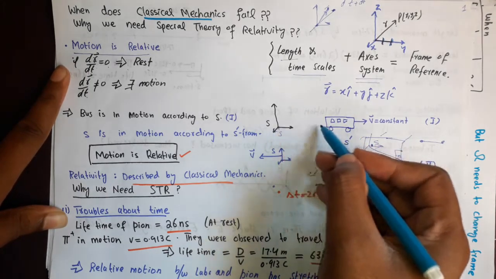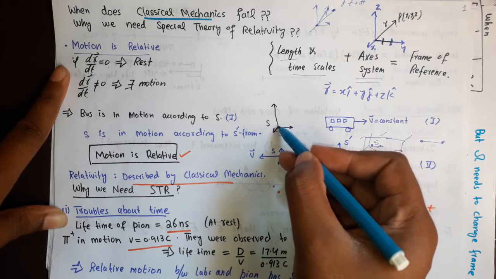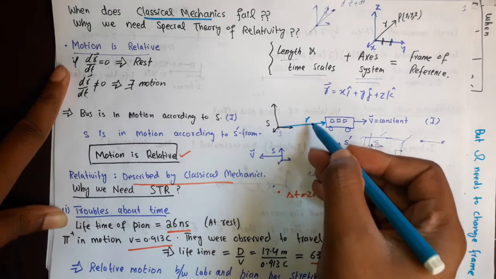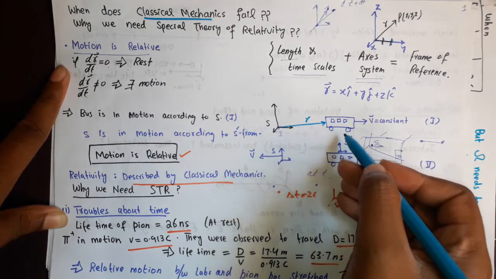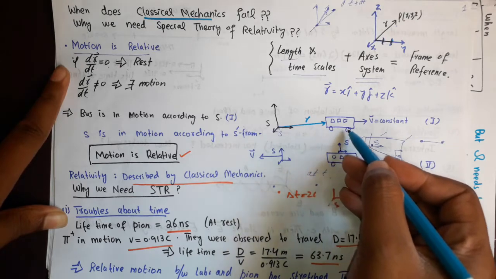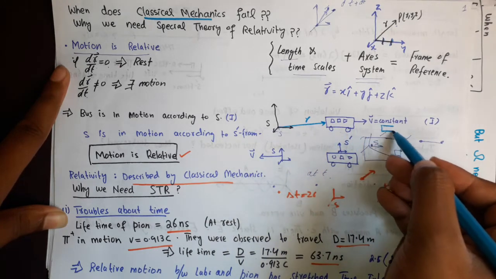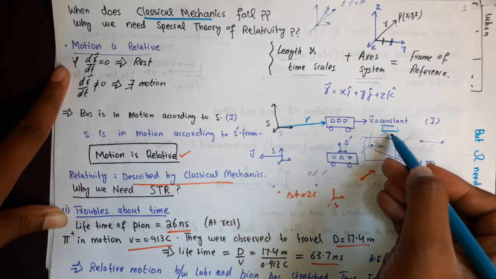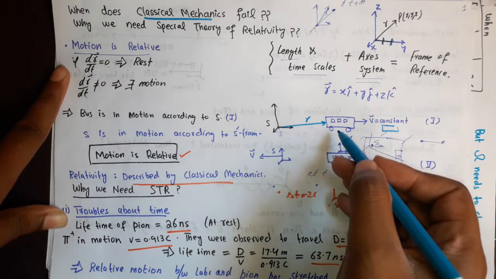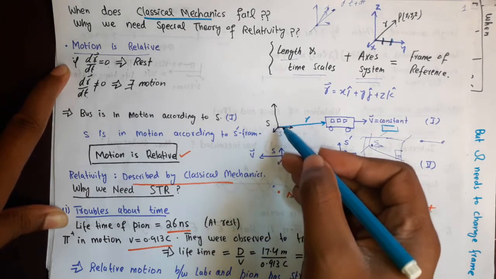At time t equal to 0, let's say this person forms a position vector of a particular point, and this is r. Obviously, since the bus is moving, after some time t this bus will be somewhere here. So we can define another position vector and from there we can find velocity. Obviously this bus is in motion with respect to this observer.